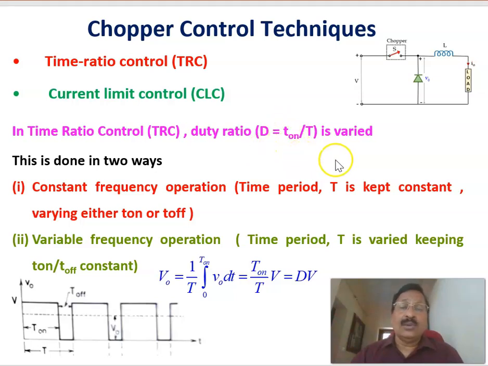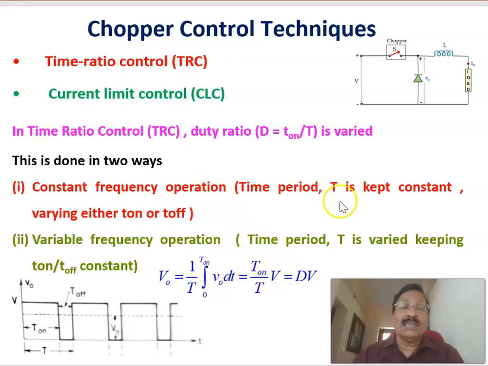If T on varies, T off also automatically changes. The second method is variable time period or variable frequency operation, in which T is varied, keeping either T on or T off constant.